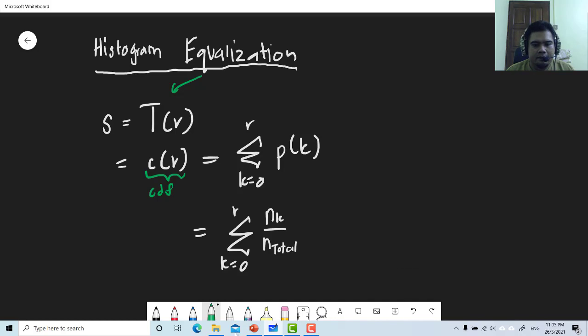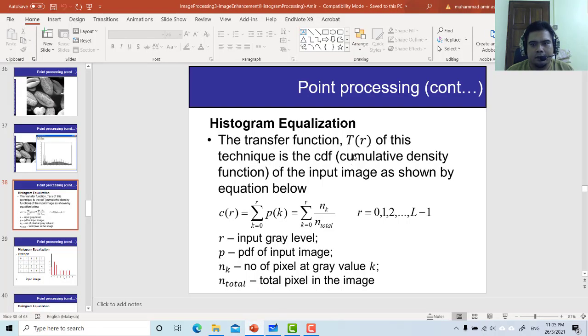If you refer to our slide, they call it the cumulative density function, but in our course, let's call it the cumulative distribution function.